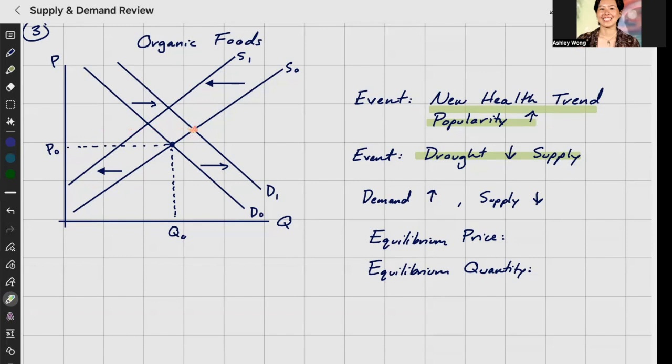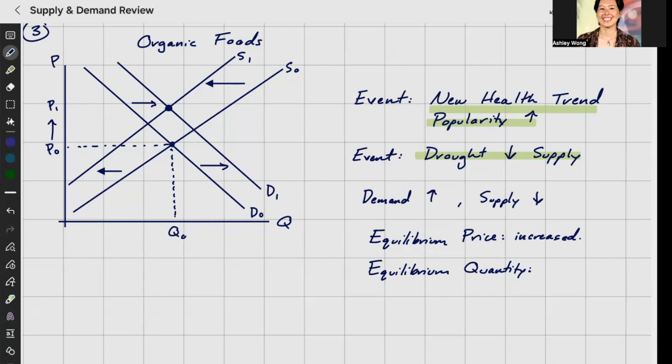So if we had only shifted our demand curve, our equilibrium would have been here and our price would have been higher. After we shifted the supply curve as well, we end up at this equilibrium point, and we see that our equilibrium price is indeed higher. So in this example, we can say without a doubt, our equilibrium price has increased.